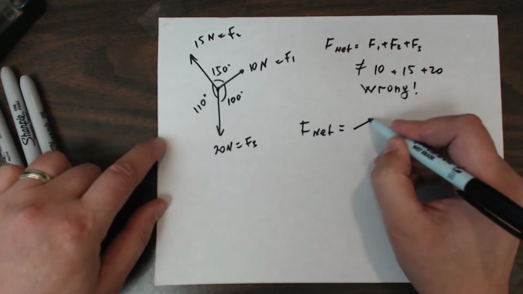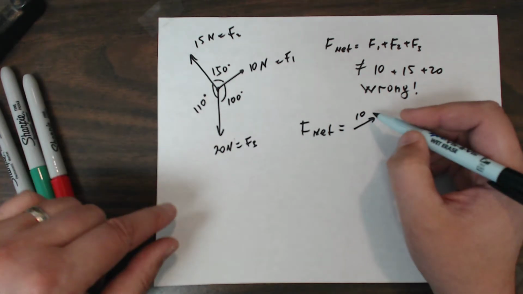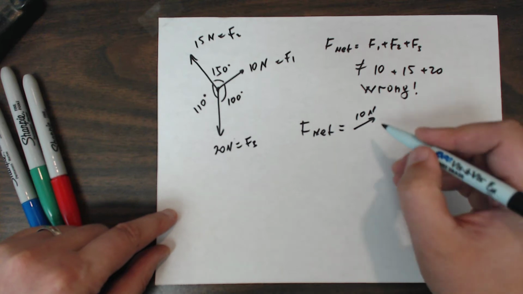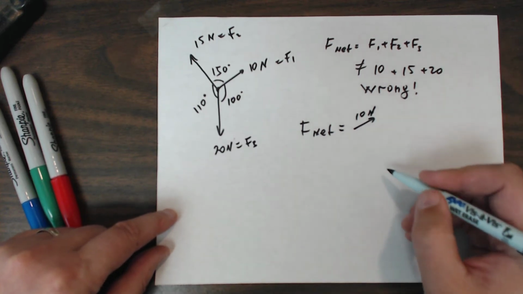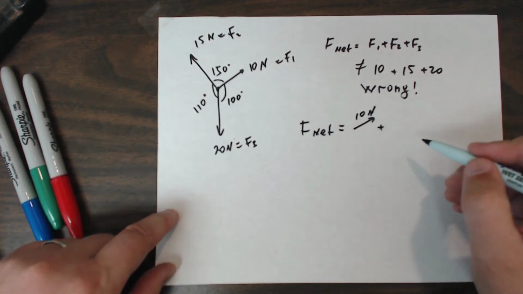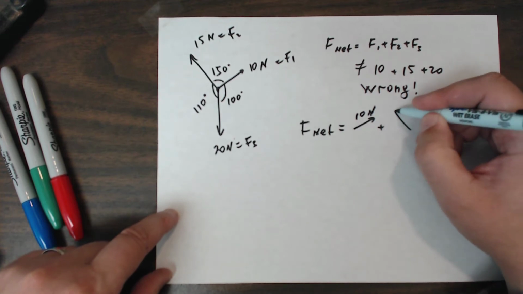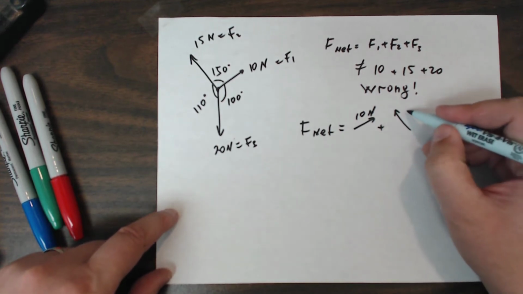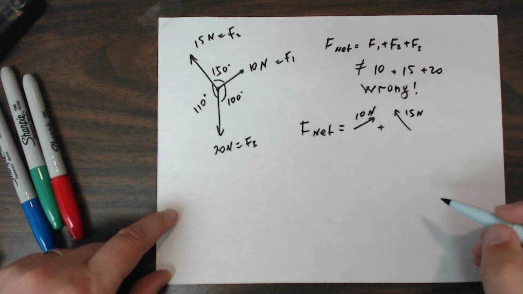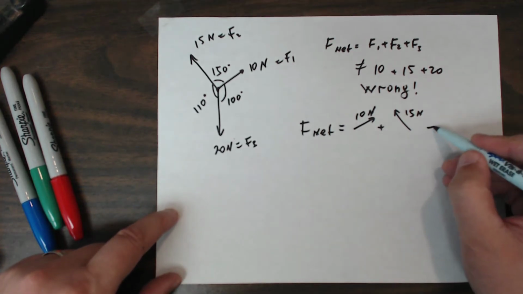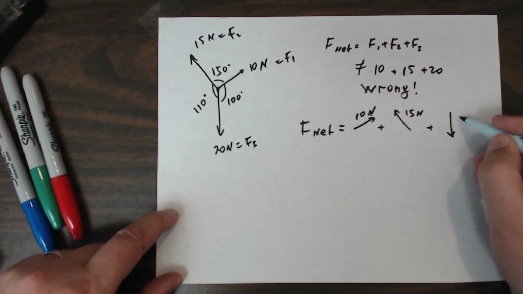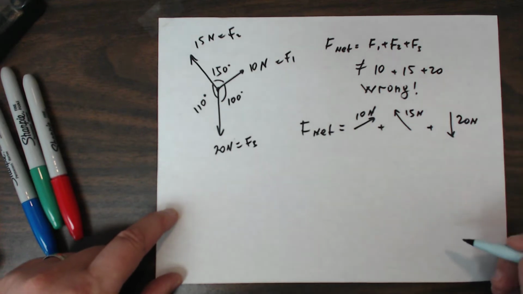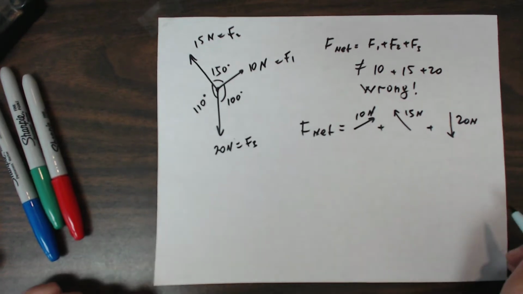Equals this arrow which points in a given direction and 10 newtons long plus this arrow which points in a given direction 15 newtons long plus this arrow. That's what it literally means.